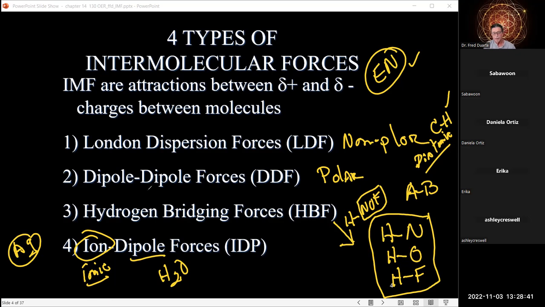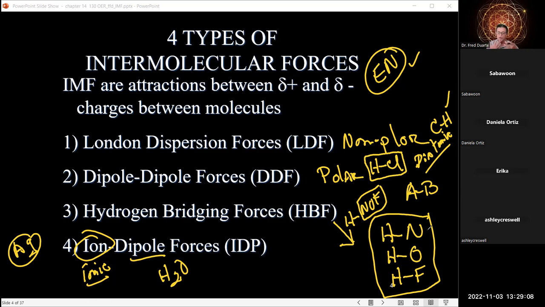The example we did for dipole would be hydrogen chloride, which we were talking about in the previous slide. HCl does not have hydrogen bridging forces. It only has dipole, because hydrogen bridging only happens when hydrogen is bonded to nitrogen, oxygen, or fluorine.